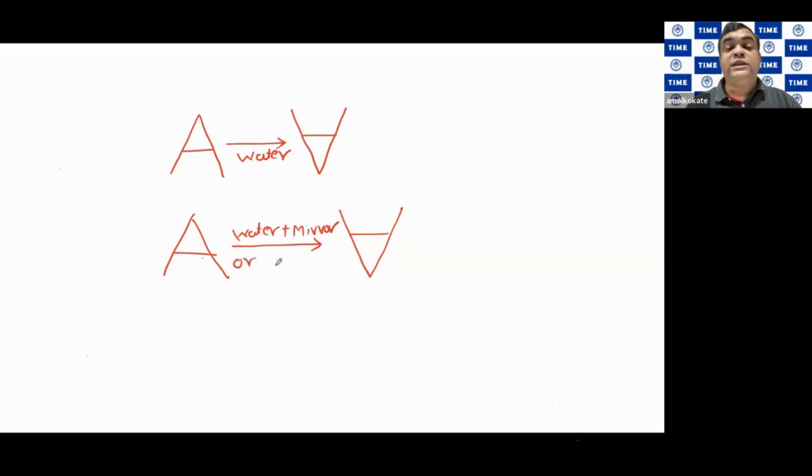Or you can say this is 180-degree rotation. So for a symmetric figure, as it is vertically symmetric, its mirror image is that figure only. So you can say it's purely water image, or mirror plus water, or you can say it's a 180-degree rotation also. Is that logic clear?